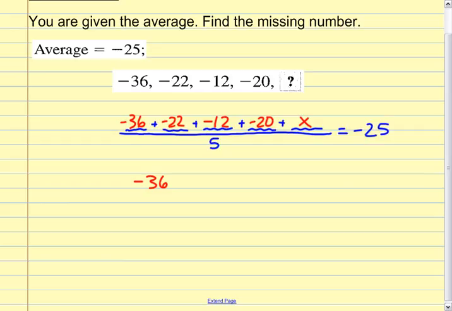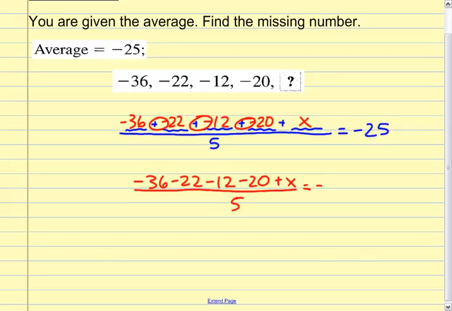Do I like plus negative 22? No. I'm just going to put minus 22. How about here? Minus 12. How about here? Minus 20. And we'll just put plus X all over 5 is equal to negative 25. Now are we okay? Still good, right?